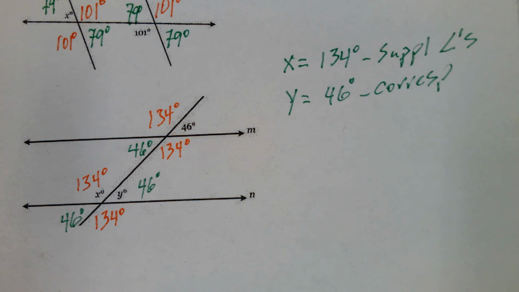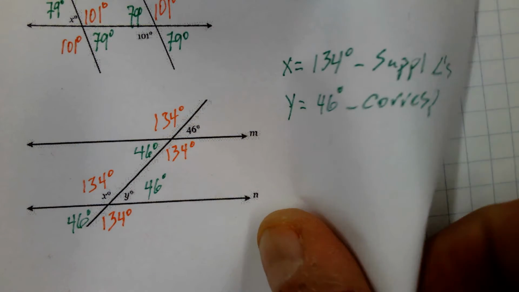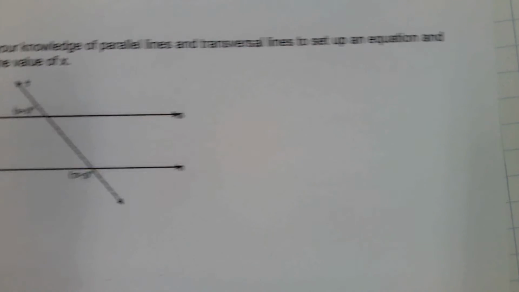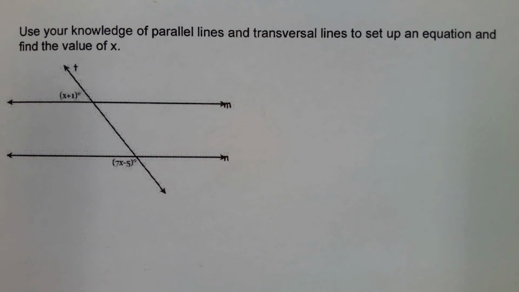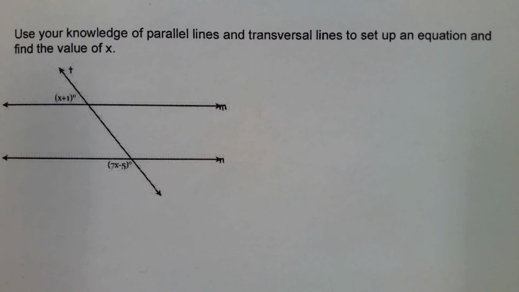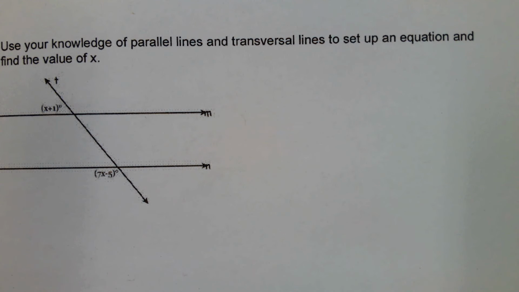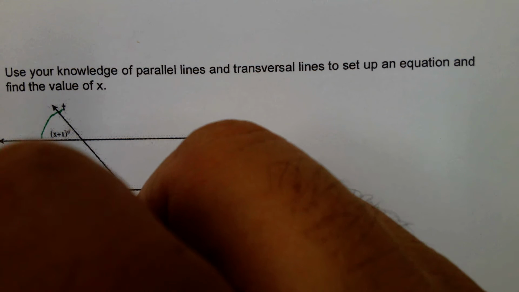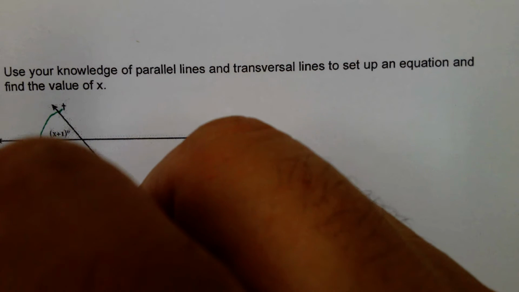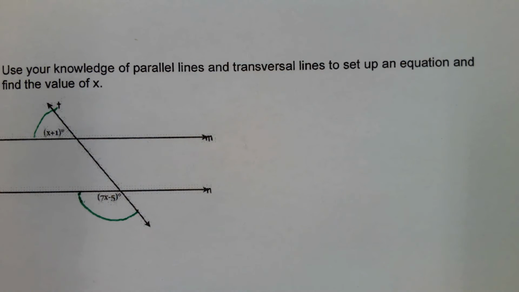Okay, shall we go on to the next page? Okay. So now that we have that knowledge, let's use it here. So we're going to use what we know about parallel lines and transversals to set up equations and find the value of x. Okay, so let's take a look at these two angles. Are they congruent or supplementary?